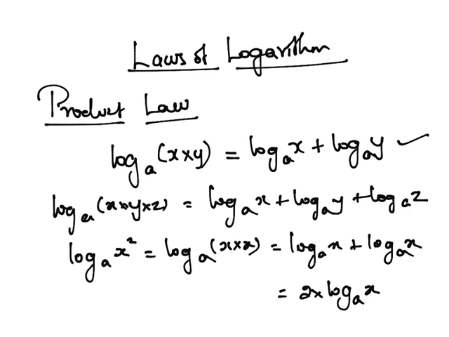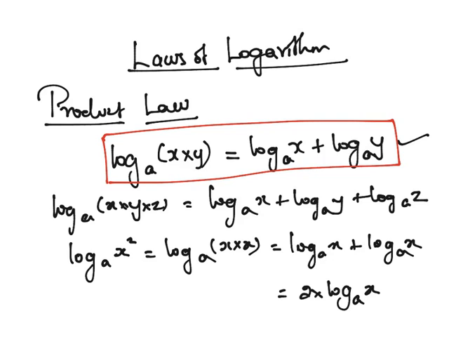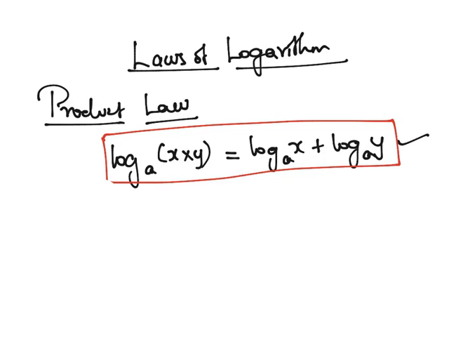This is a very important law. Log of x into y to the base a can be written as log x to the base a plus log y to the base a. Now this can also be rewritten the other way. For example, log a to the base b plus log c to the base b.